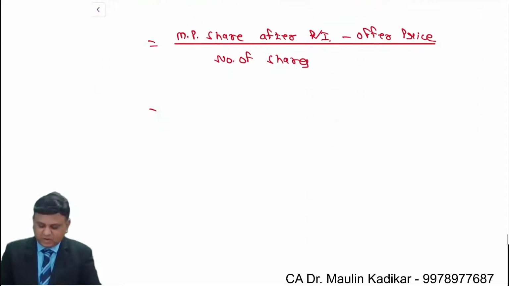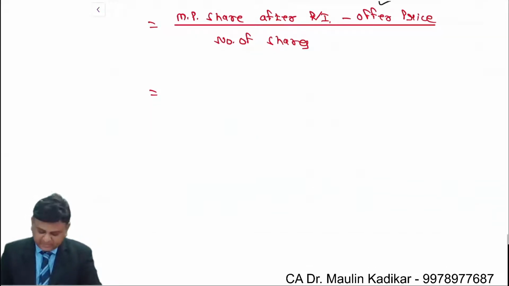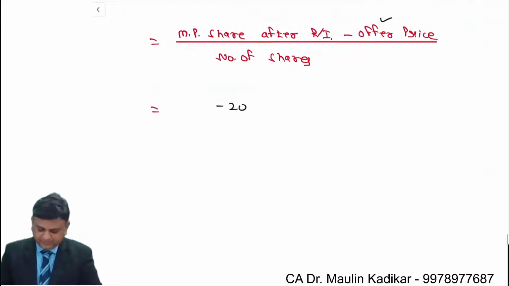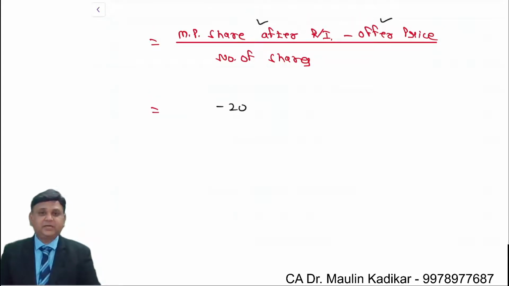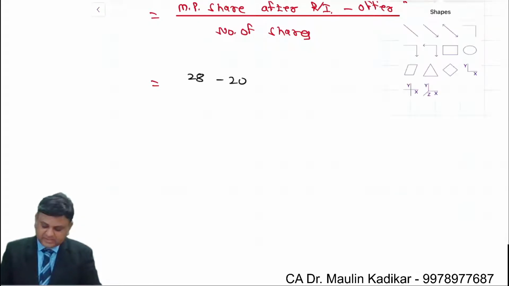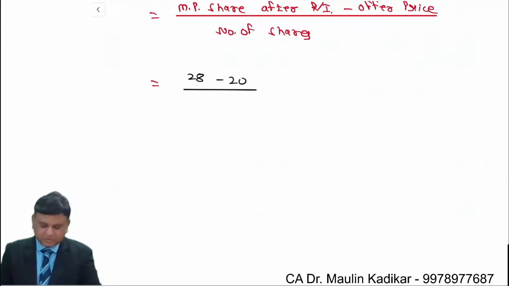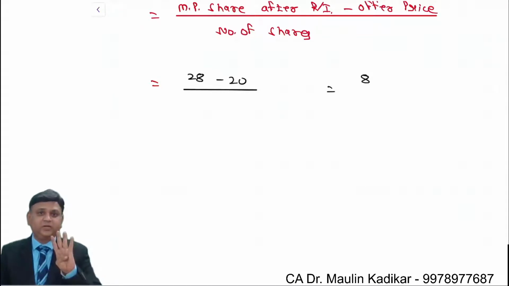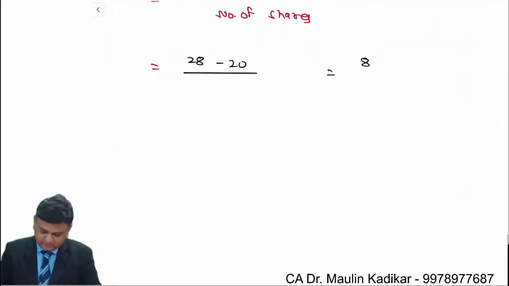The offer price is an amount of rupees 20, so here minus 20. Market price of the equity share after the right issue is 28. So you get immediate appreciation of an amount of rupees 8. You get this advantage for holding 4 equity shares, so divided by 4. That is the way it is calculated. It is 2 rupees per share.